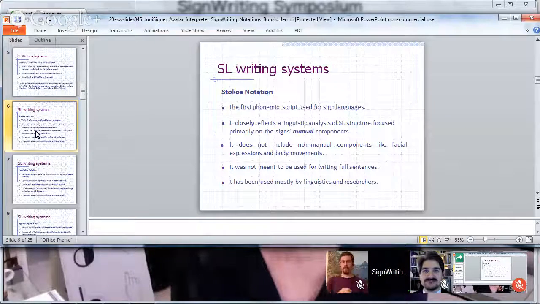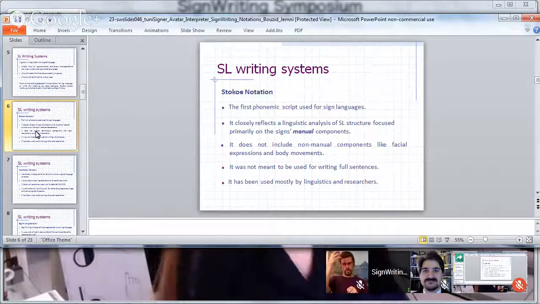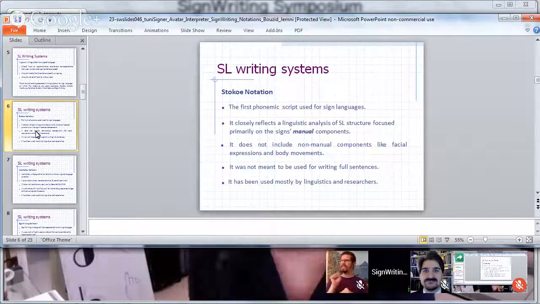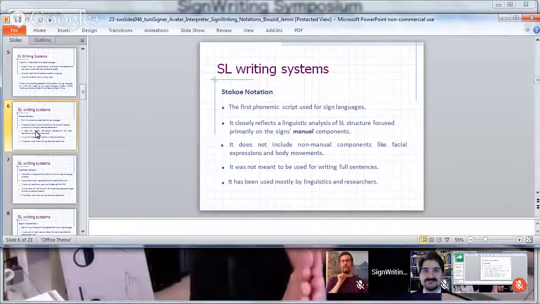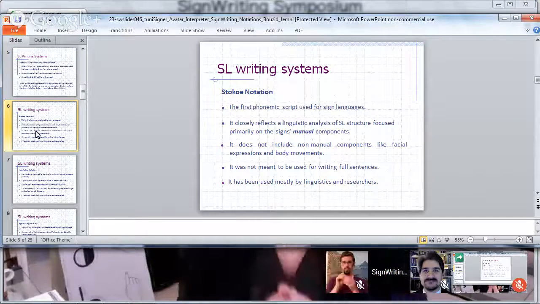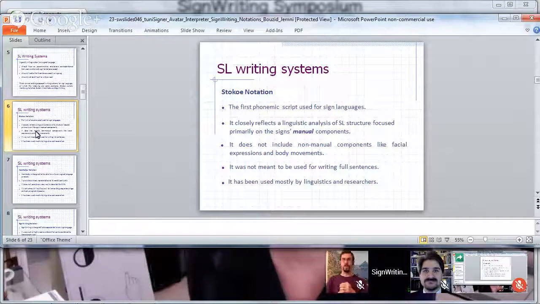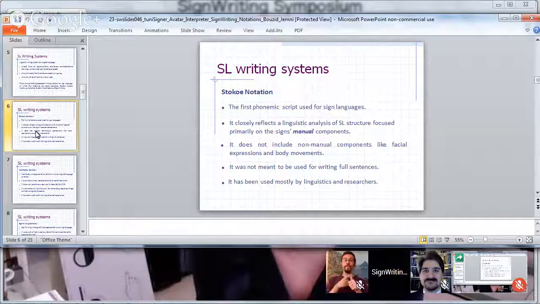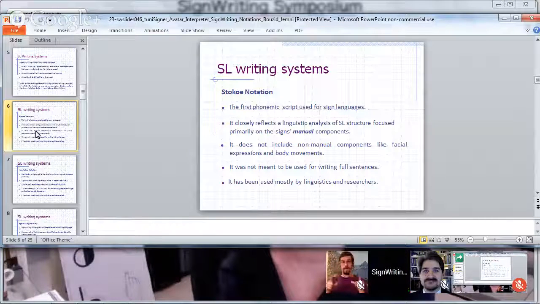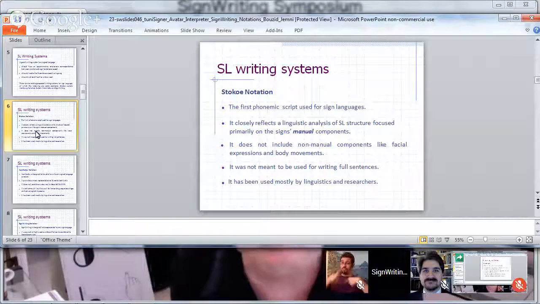SL writing systems. Sign language, right? That's what that means. It means sign language. Okay, Stokoe Notation. It was the first phonemic script used for sign languages. It closely reflects a linguistic analysis of sign language structure, focused primarily on the sign's manual component.